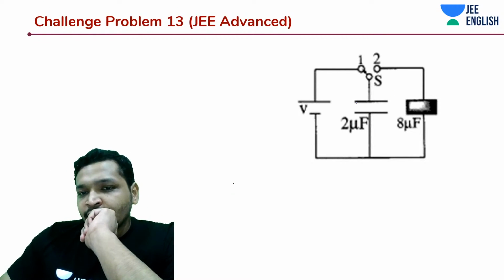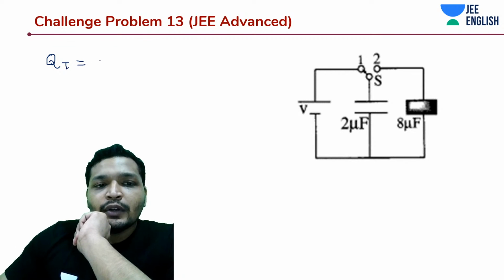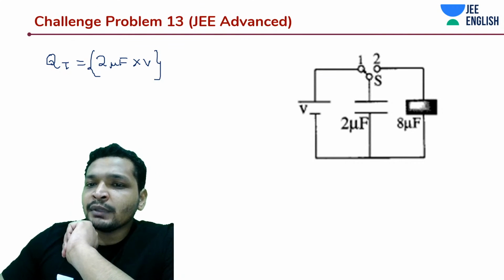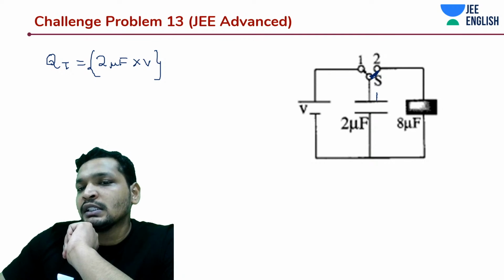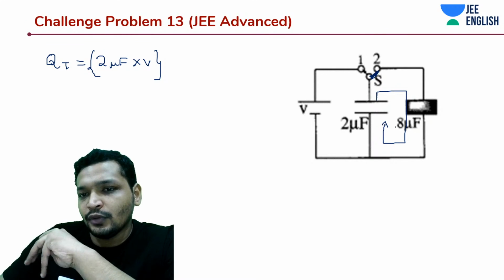Charge is going to be conserved. What is total charge? 2 microfarads into V. Do you remember I told you something? Once the switch is closed, they are not in parallel, they are in series. Okay.